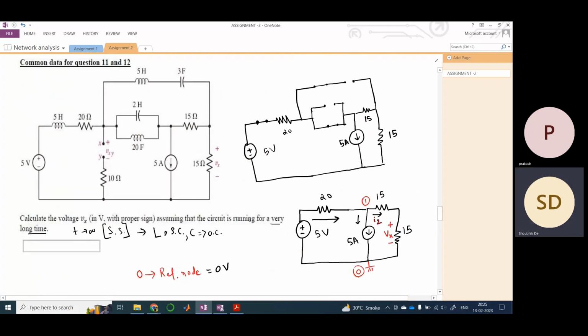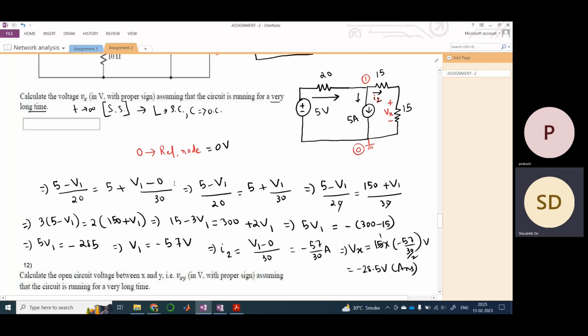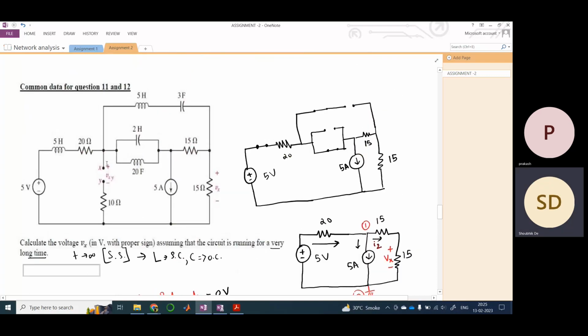Okay, so now the next part is what is the open circuit voltage between X and Y, that is Vxy. Vxy basically means this point. If I draw it here in this circuit, Vxy would be this voltage. There is a resistance connected, but it won't matter because this is already an open circuit.